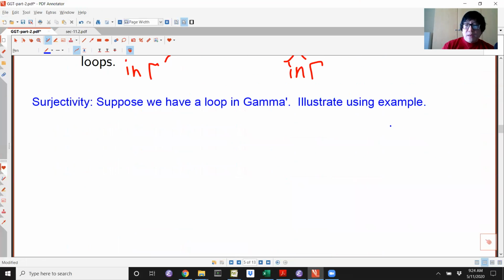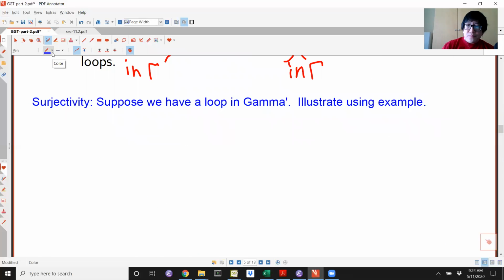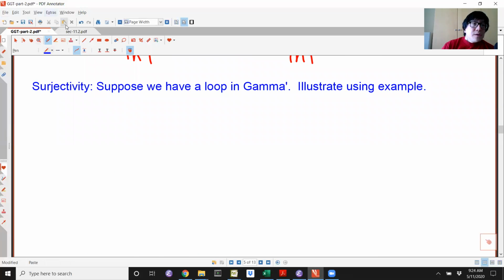So suppose we have a path, not a path, but a loop in gamma prime. On the one side we start off with a loop in gamma prime.